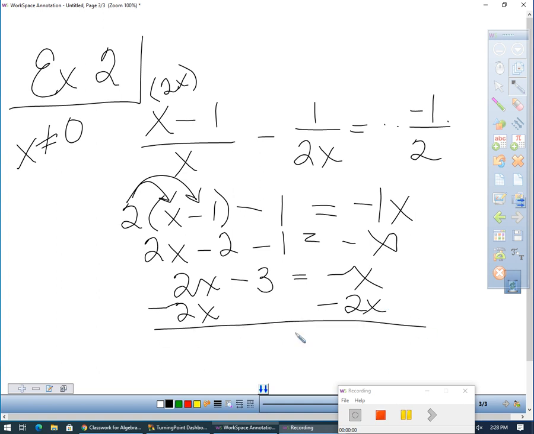So I have negative 3 equals negative 3x. Divide both sides by negative 3. What's x equal? 1. Very good. Does 1 match our restrictions? Nope, so this is a good answer.